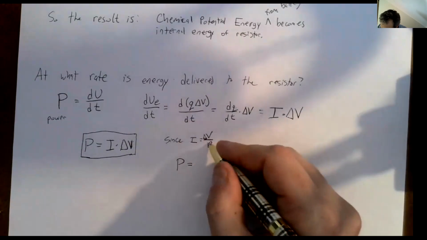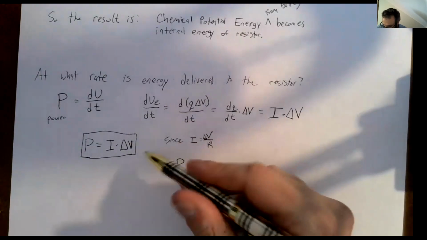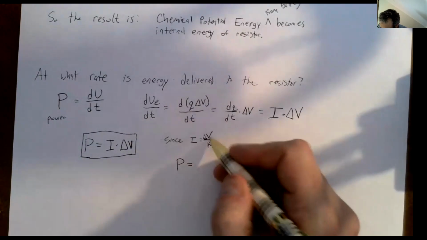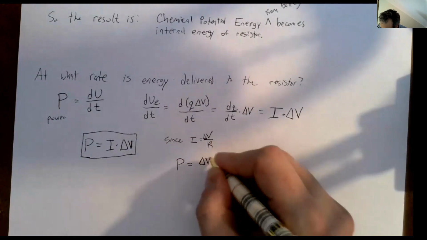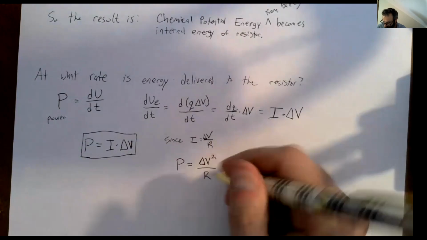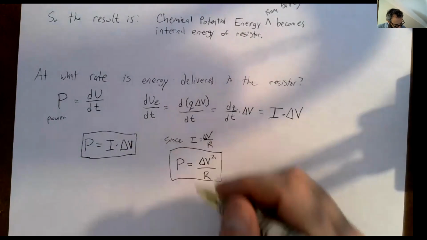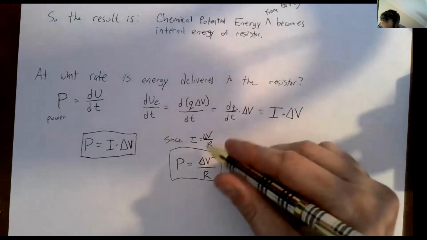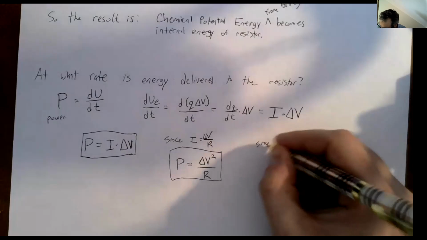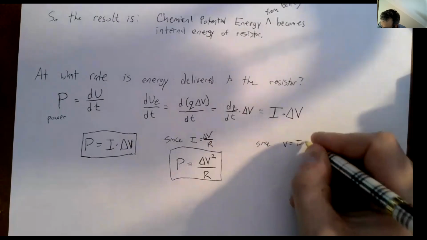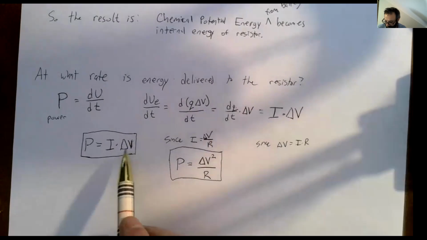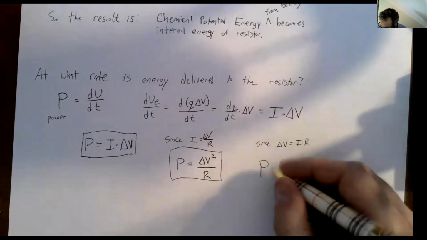sometimes depending on what you're given, you'll need to use a different form of this equation. So if I substitute this in for current, I get delta V over R times delta V, or potential squared over R. And another way to write it too is, since we know V equals IR, or change in potential is the current times the resistance, we could substitute this in for delta V here and get yet another expression for power.